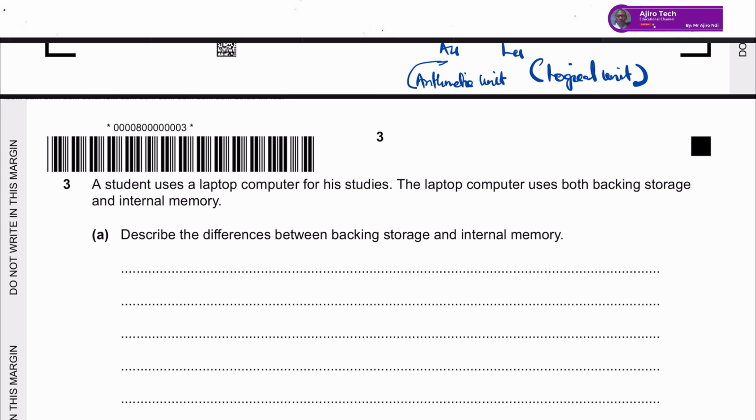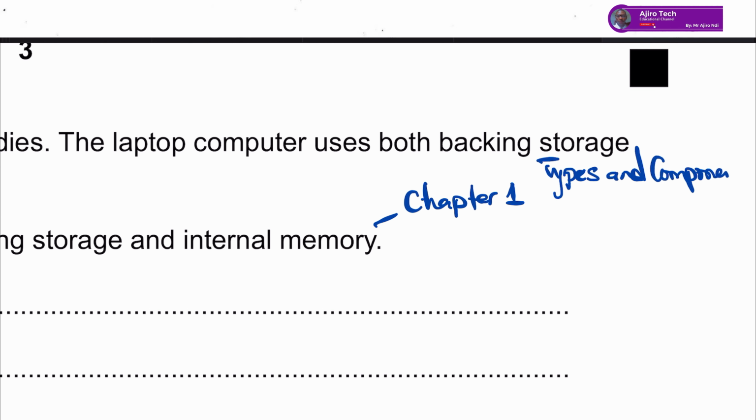I always tell you the chapters where you can get this. You probably see this in chapter 1, which is types and component of computer systems.